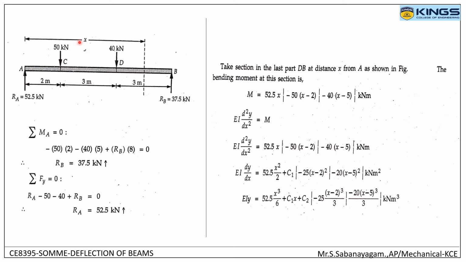With this point x taken, the moment is equal to the reaction at point A, 52.5, into the distance x, minus 50, the point load, into the perpendicular distance x minus 2, and minus 40, the point load, into x minus 5, in kilonewton meter.